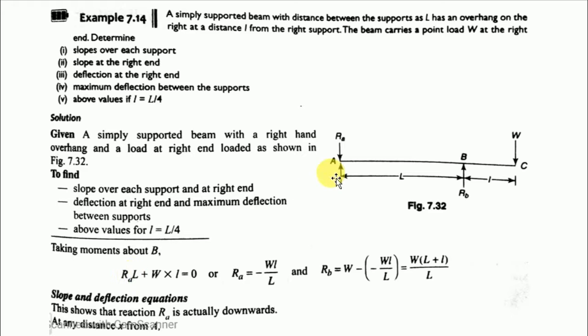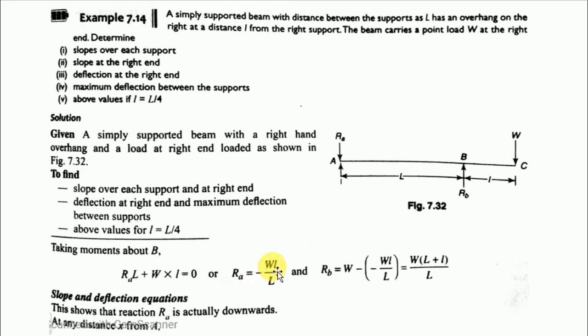In that case, if you assume RA in the upward direction, then the bending moment comes in the clockwise direction, and you can see the W is also creating a moment in the clockwise direction. That's why RA into L, which is the moment due to reaction RA, is positive, and W into small l also comes as a positive value.